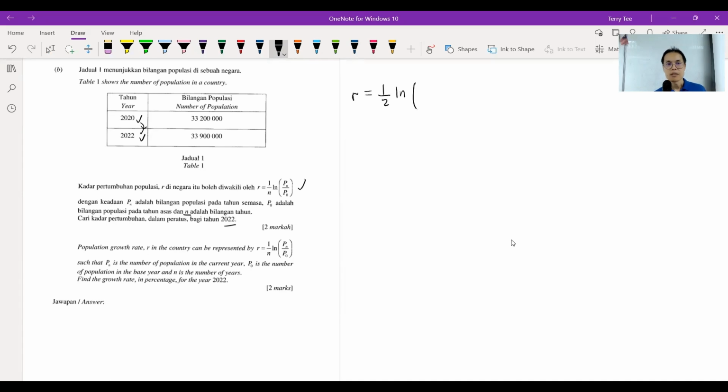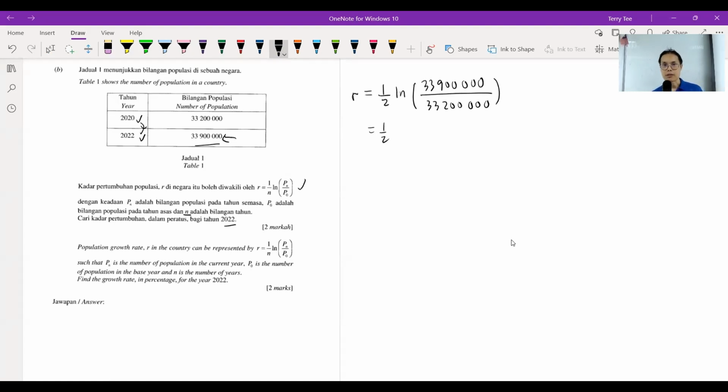So Pn means the populasi pada tahun 2022, that is 33,900,000. This looks like population of Malaysia, right? Divide by population in year 2020, 33,200,000. Actually, you can cancel out all these zeros.